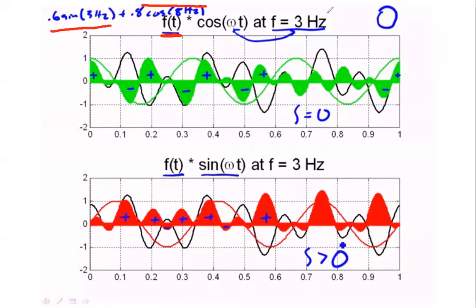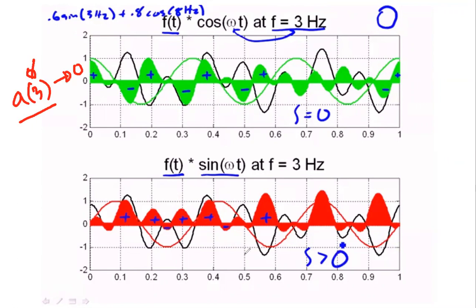So since we tried it with a 3 hertz cos signal, it will not be matched. So we found that the real part for 3 hertz, the amplitude, is very close to 0.